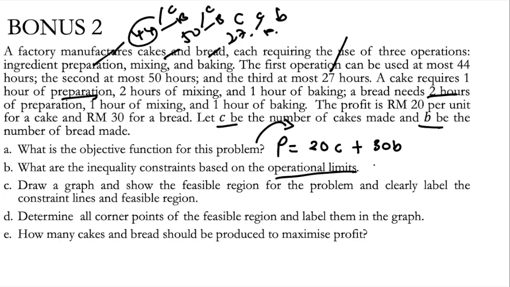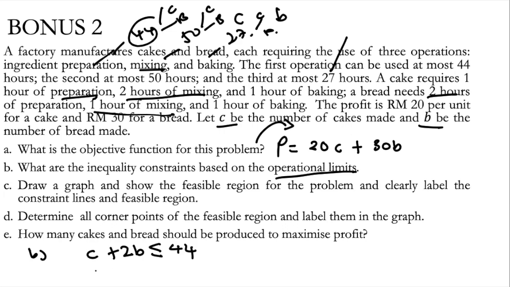So the first constraint, for question B, is that 1 cake and 2 bread is less than or equal to 44 hours. For mixing, a cake requires 2 hours of mixing and bread requires 1 hour of mixing.